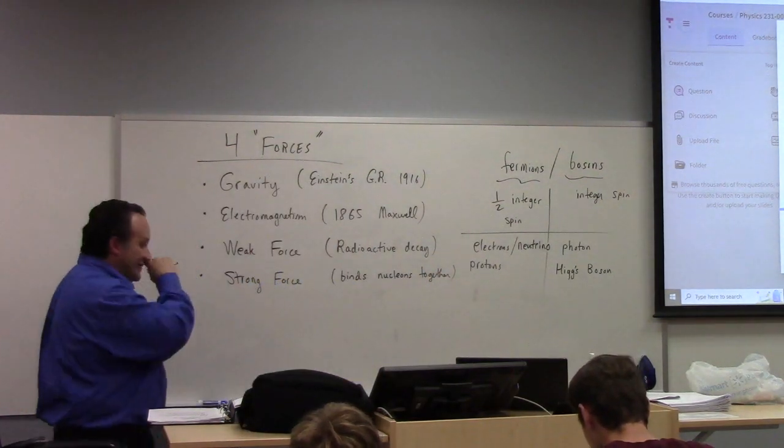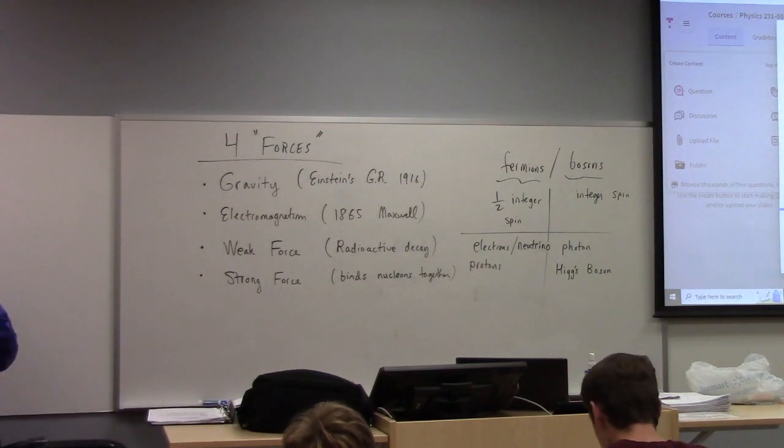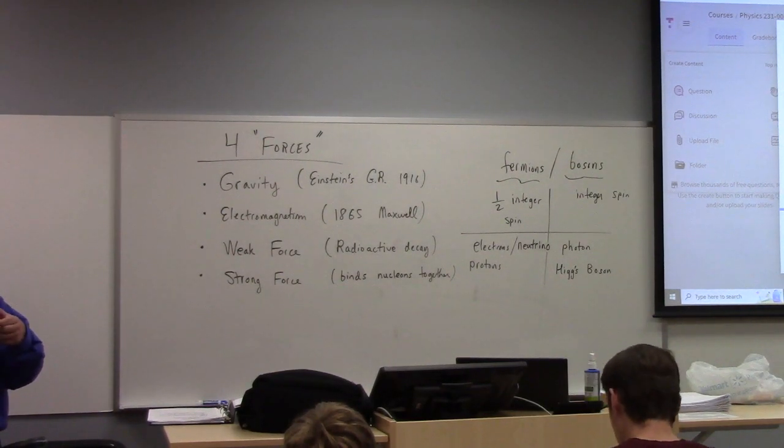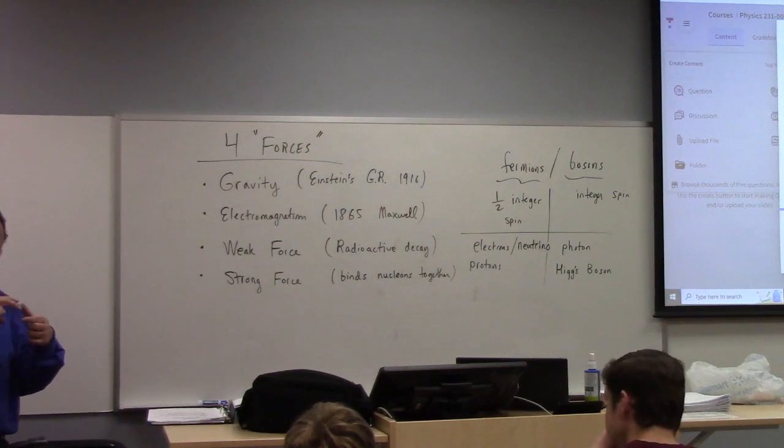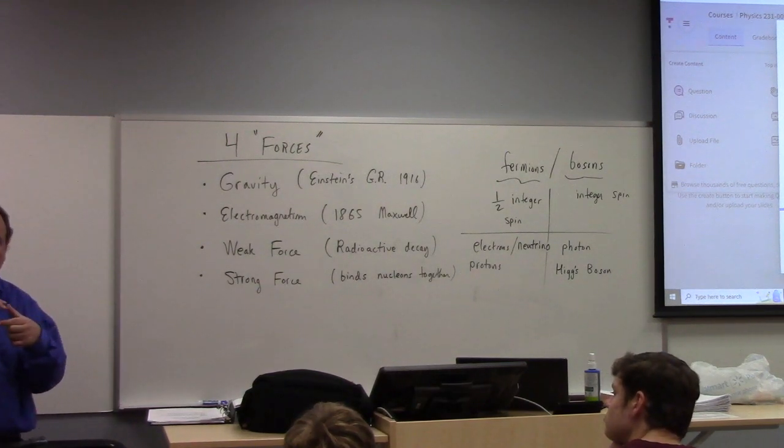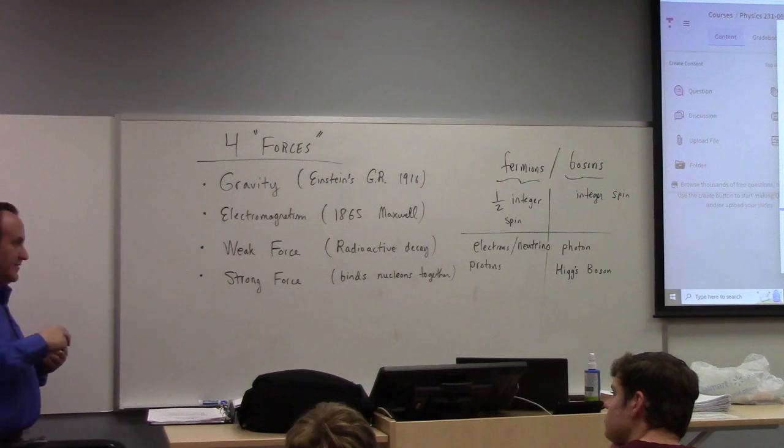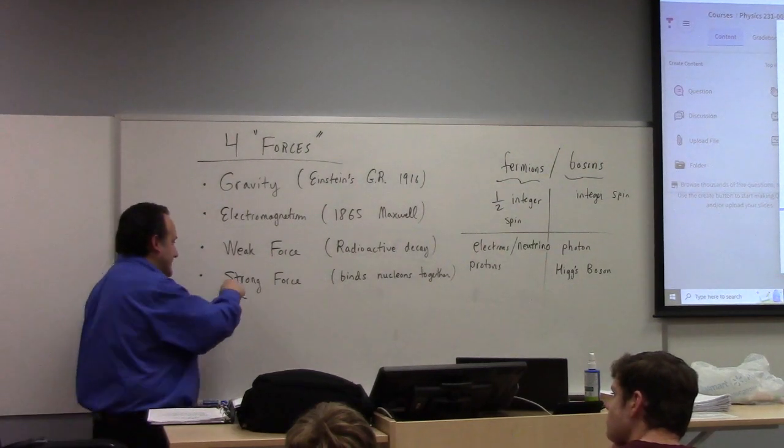So the strong force is what's responsible for protons and neutrons sticking together in the nucleus, right? That's one aspect of it. A deeper aspect of it, as I'll try to describe to you soon, is it's what actually keeps protons together. Because protons are formed by smaller things we know of as quarks.